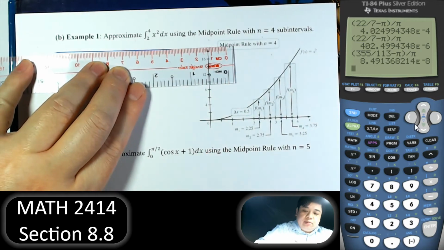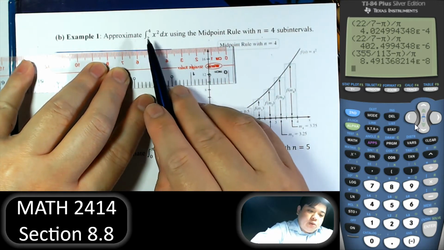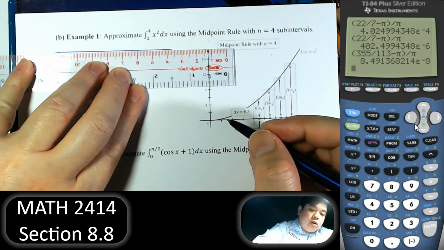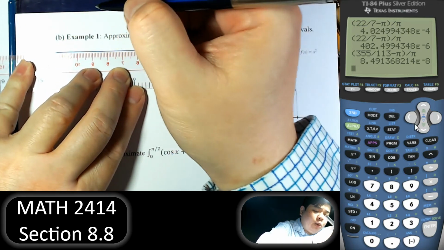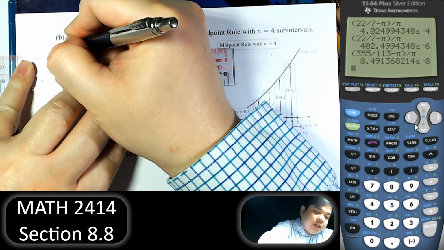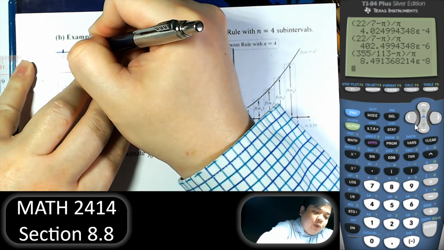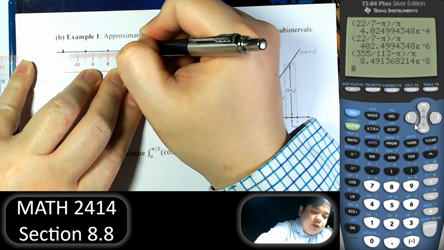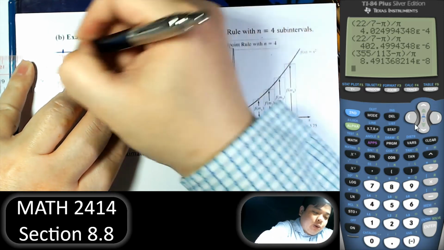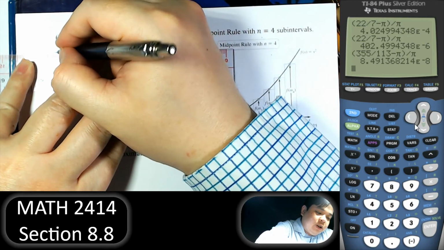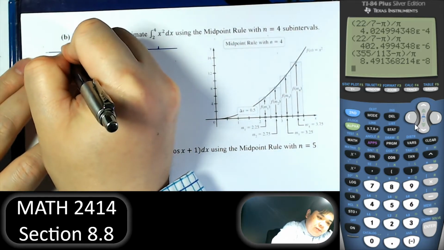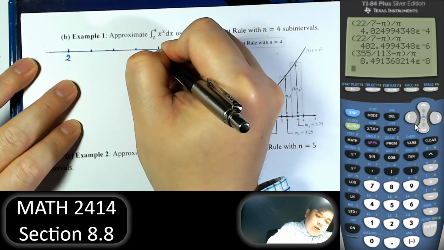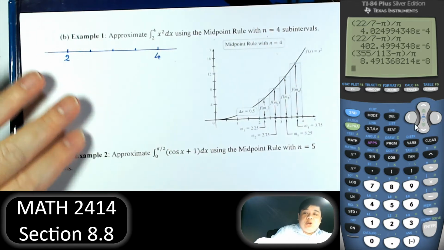We have an interval going from 2 to 4 and divide it into 4 equal segments, 1, 2, 3, and 4.